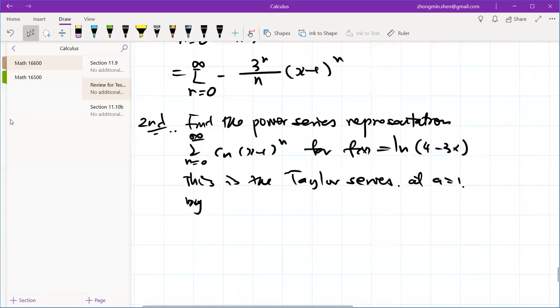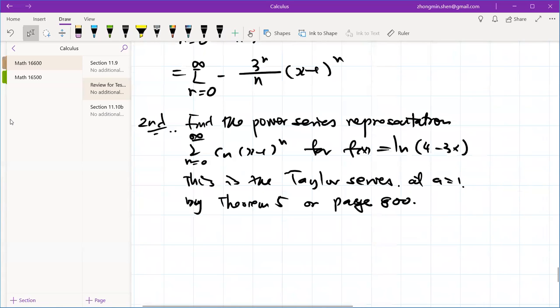All right, by Theorem 5, page 800, the very top one. So let's use that. Let's find the power series representation.